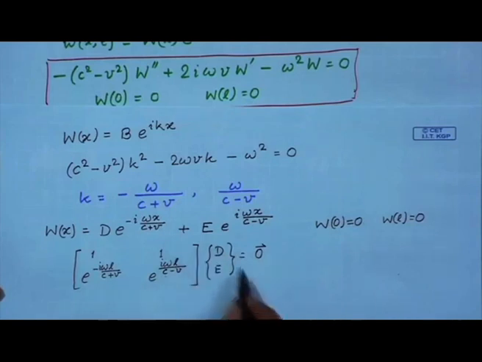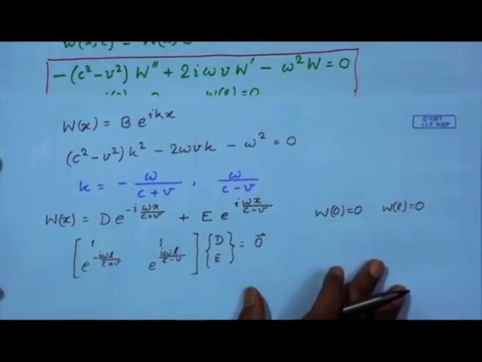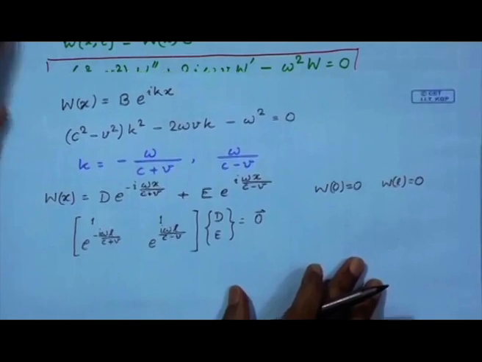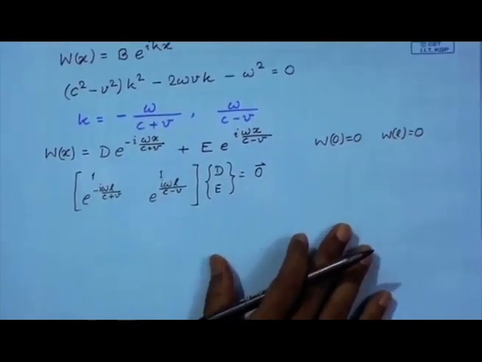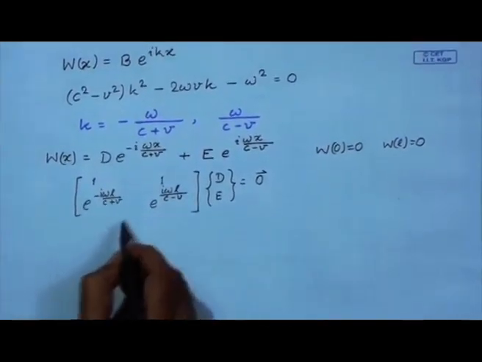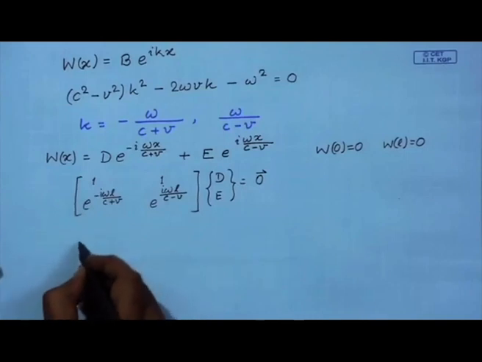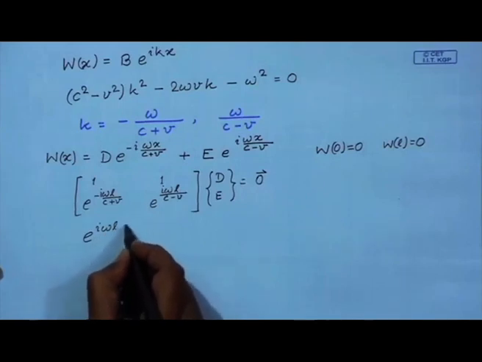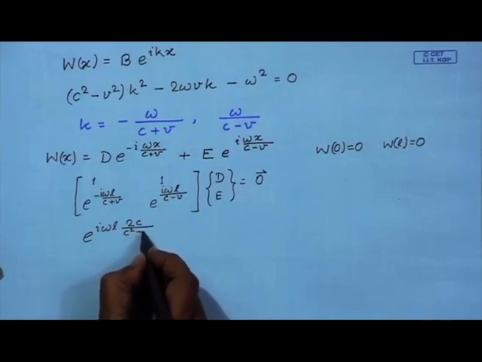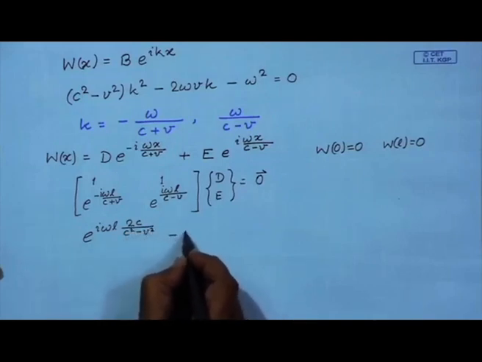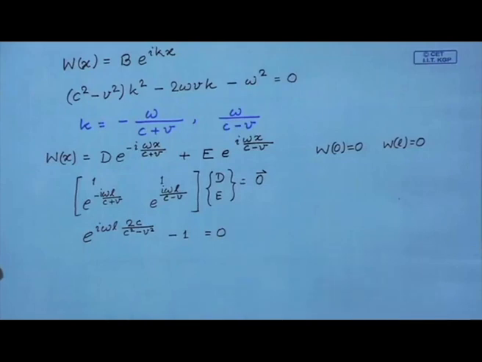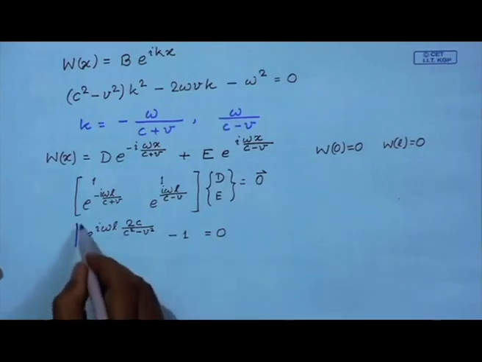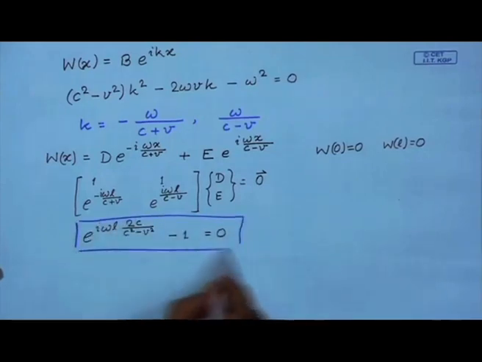And for non-trivial solutions of D and E, the determinant of this matrix must vanish, and that gives us our characteristic equation.